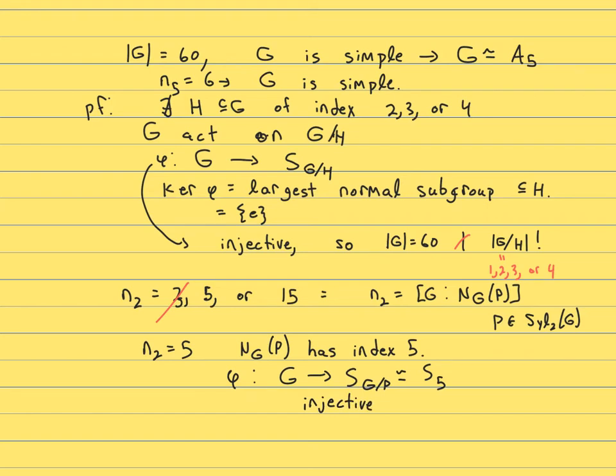So G is a permutation group in S5. Oh, that's kind of what we want. So now we just have to show that it's actually A5 itself, that the image under this map is A5. So we're going to identify G with its image under that homomorphism. So it's now a subgroup of S5.